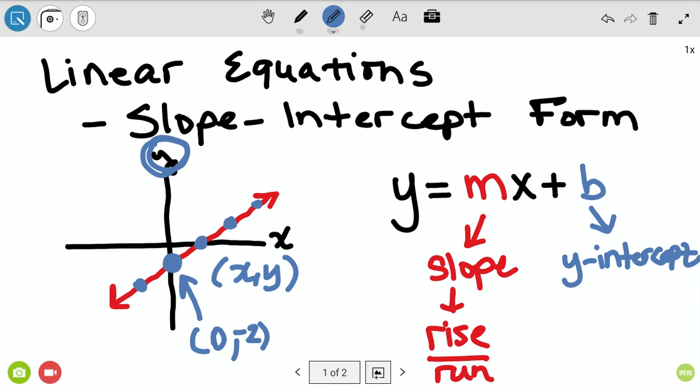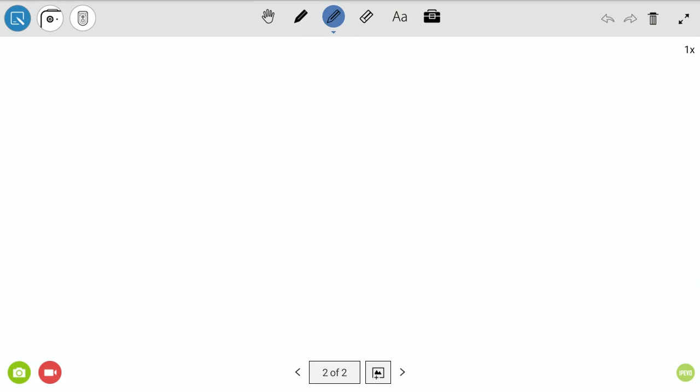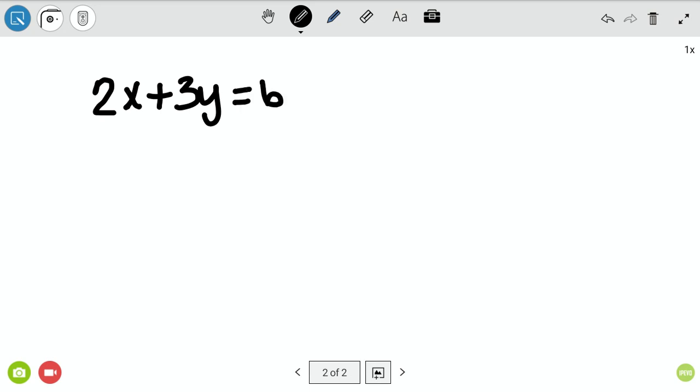So if you are taking our jump start, for example, and our jump start was, I'm glad you have it on the board, Gabby, that helps me, 2x plus 3y equals 6. If I were to ask you to put this, which is what our jump start was, right? It was solve for y.